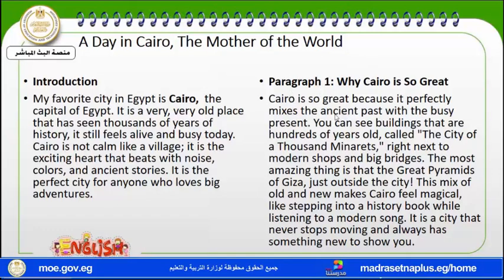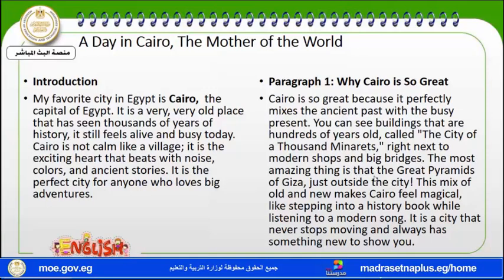In the first paragraph, I am going to tell you why it's so great. Cairo is so great because it perfectly mixes the ancient past with the busy present. You can see buildings that are hundreds of years old. It's called the City of the Thousand Minarets, right next to modern shops and big bridges.